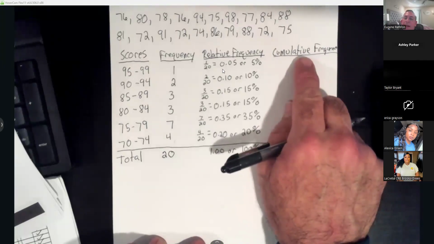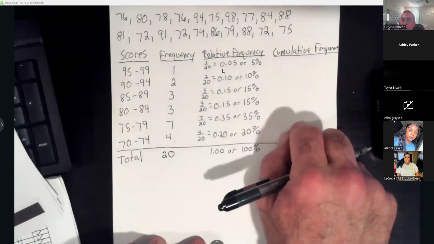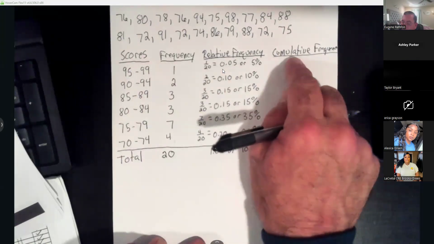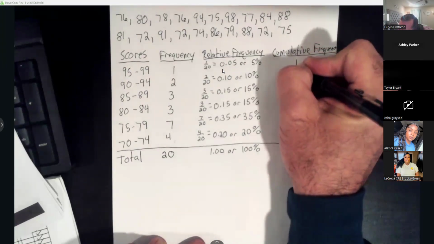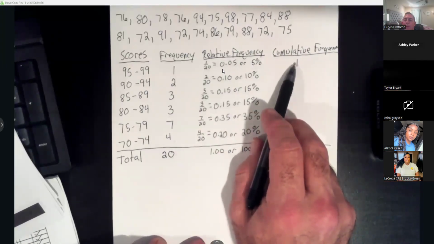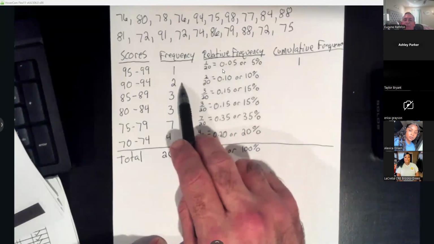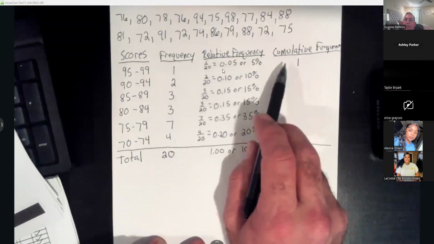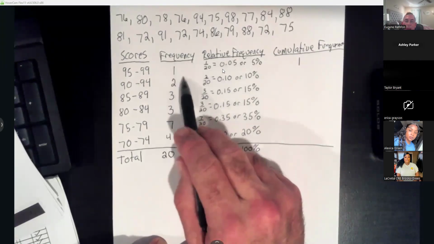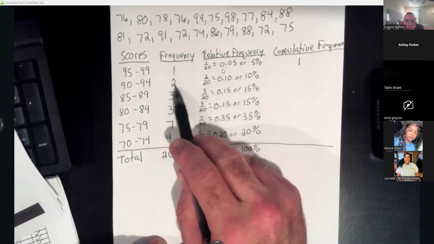Now, what I meant by the cumulative frequency is we take the frequency and bring that over here for the first one, which is a 1. Now, cumulative means we're going to add the next frequency and get that answer. So you take the next bin, add all the prior frequencies, remember.